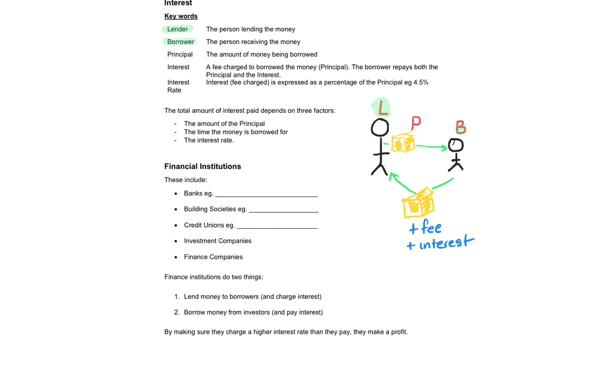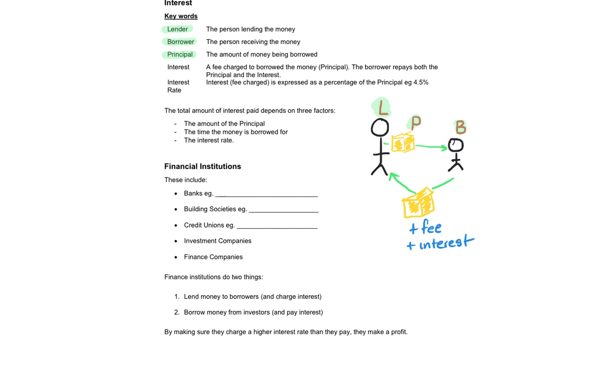You can see the box of gold coins passing from the lender to the borrower. The principal is the amount of money being borrowed, that box of money.